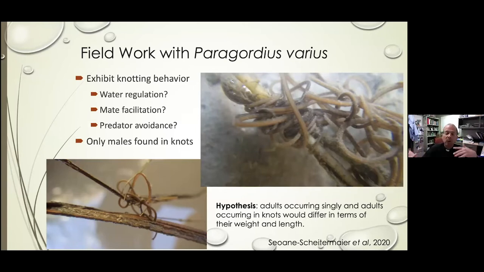If this is about water regulation or predator avoidance, maybe smaller worms, for example, might gather into knots, and the larger worms might go on their own. Or for mate facilitation, again, usually larger worms.